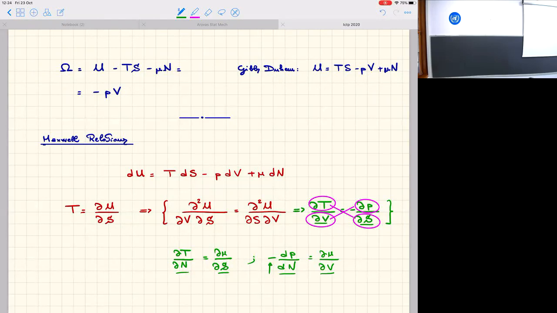You have many different situations in which you choose different variables to describe your system. Then you take those variables as free variables, you express everything else in terms of them, you introduce these potentials, and then you find all these Maxwell relations. That's it. Life is easy. Okay?